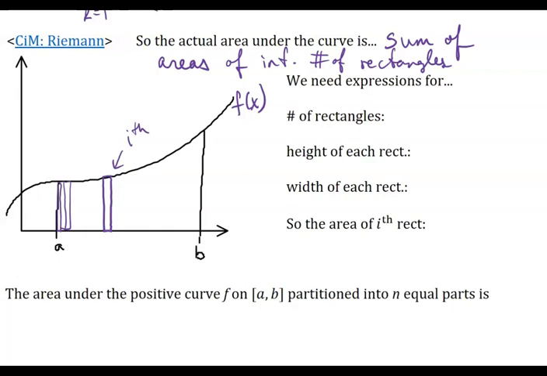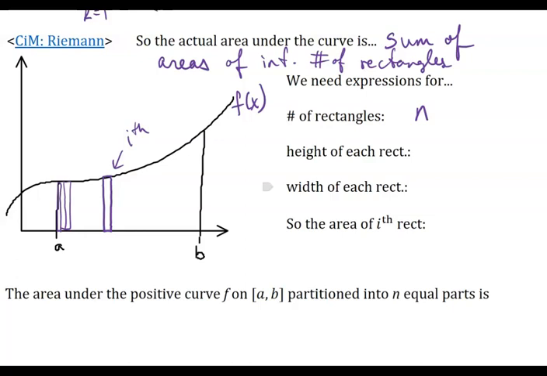I want to figure out how to write things in terms of that general rectangle, because if I can find the area of that general rectangle, then I can add all of those areas together, and that's going to get me my overall area. My number of rectangles I'm going to call n. The width of each of the rectangles is going to be the total length of this interval from a to b, so that distance is b minus a, divided by the number of rectangles n.